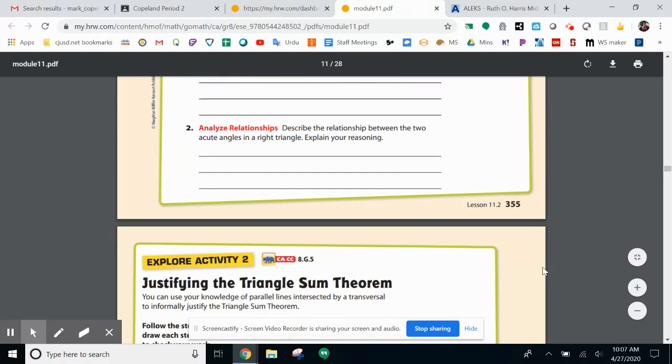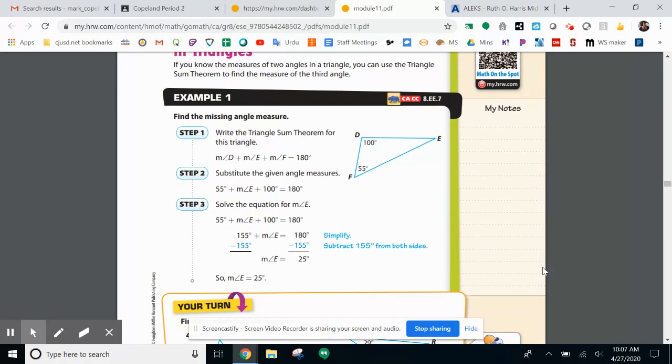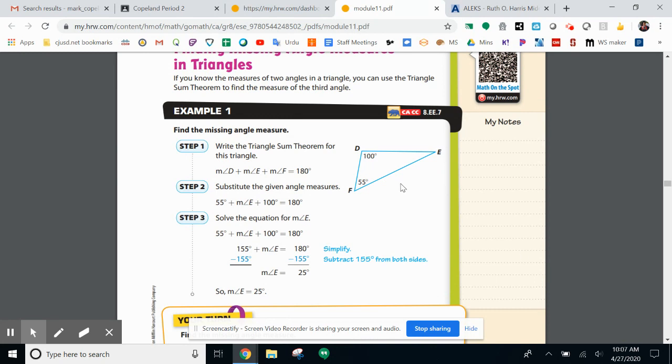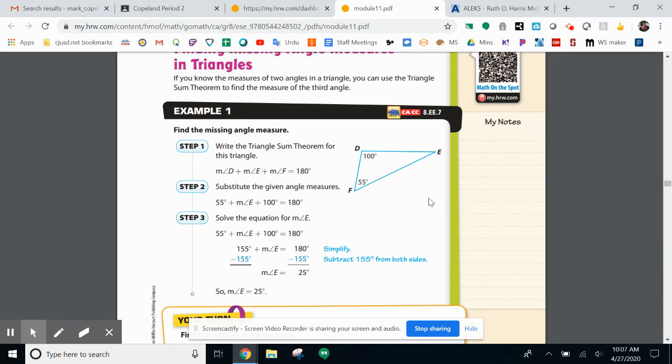So what we're going to be doing is testing that out and checking through some of these triangles to find out what the missing angle is. If we know that every triangle is always 180, which is that very specific number, we're going to use it a bunch for all these different 8th grade angle theorems. So if we know two of the angles, we can find the last one by subtracting.